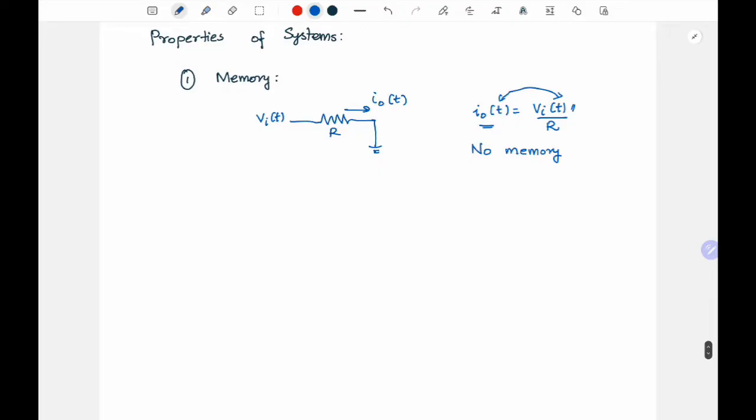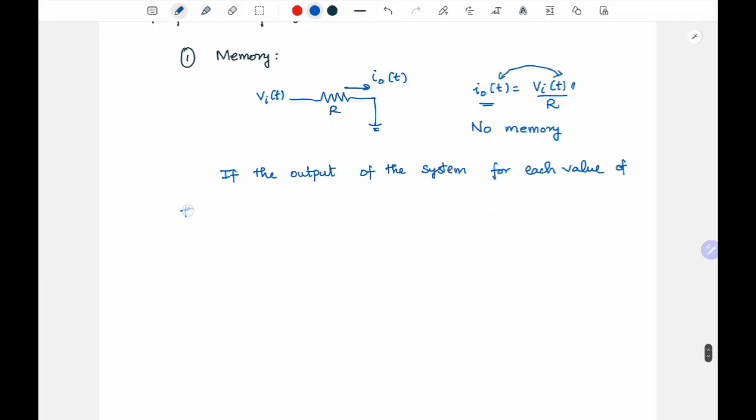So to put it more formally, if the output of the system for each value of the independent variable, which is nothing but t here, right?